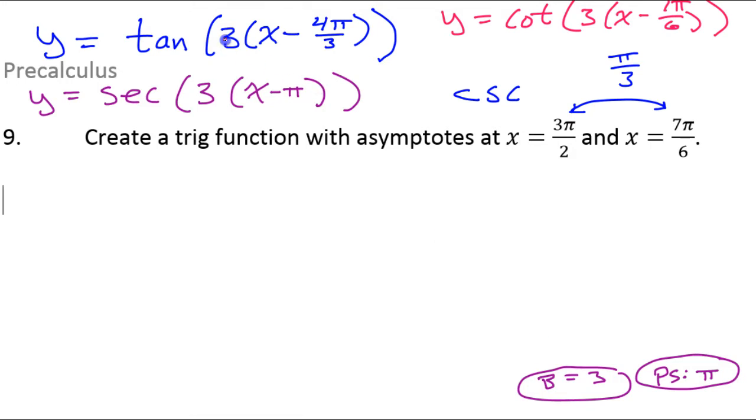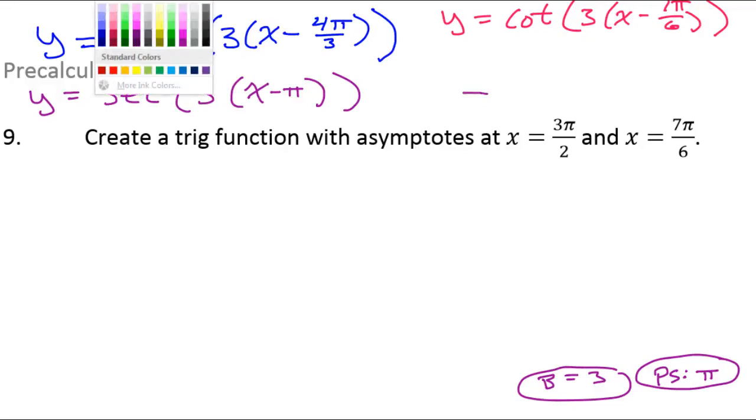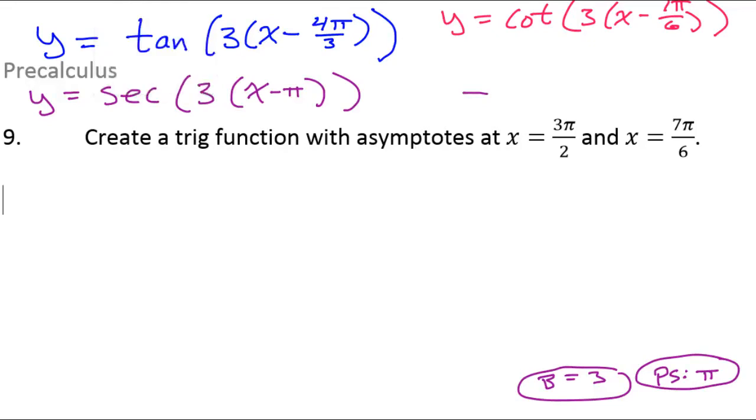Alright, last one. It is time to do the cosecant function. Now, based on what we've seen over and over again, you can bet that the b value is once again going to be 3. So I don't need to recalculate that over again. Let's see, I'll use green this time.